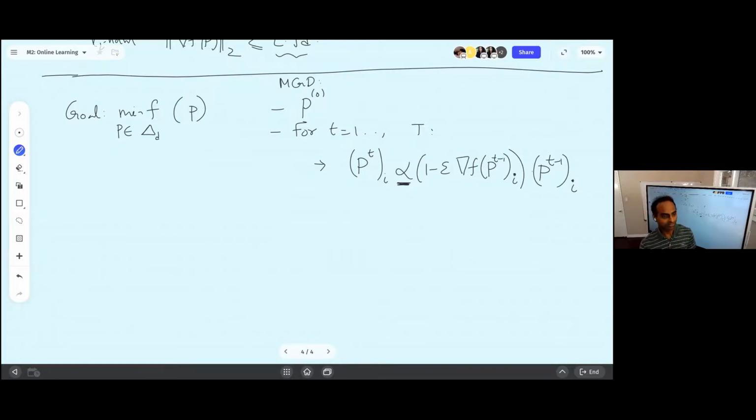So the two caveats here. First is that we have to come back to the space of probability distributions, and the other thing is that we need to make sure these numbers that we multiply by are non-negative, right? So how do I do that? You have to be a little bit subtle. If these gradients were all bounded between 0 and 1, then you can just use this update. But all we know is that they are numbers between minus L and L. Each entry of the gradient is at most L in absolute value.